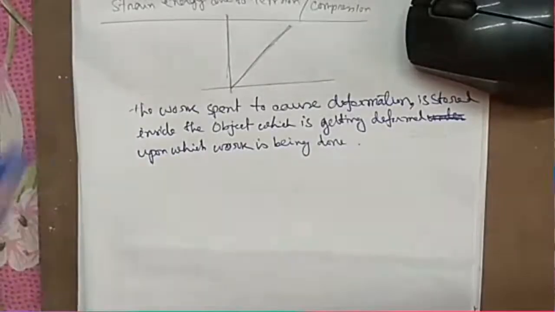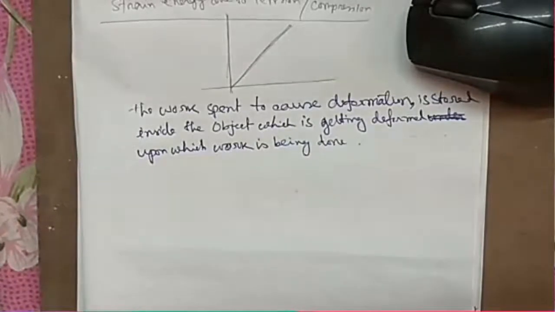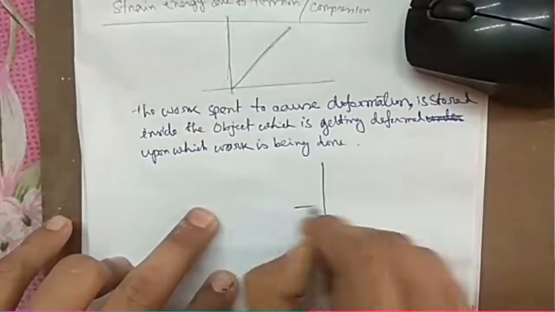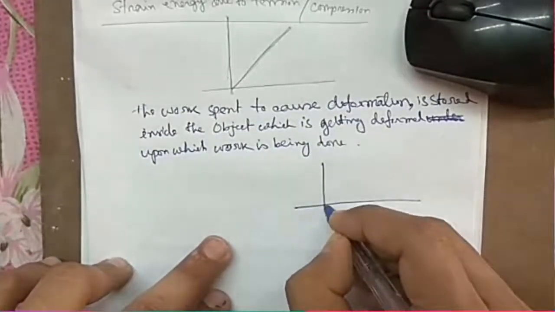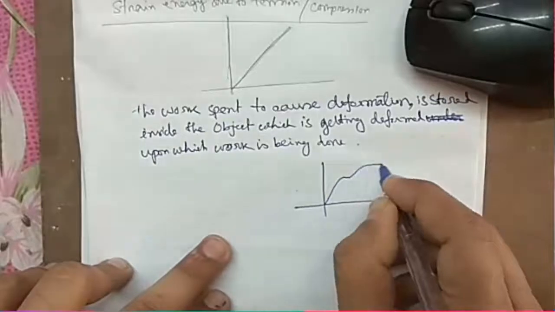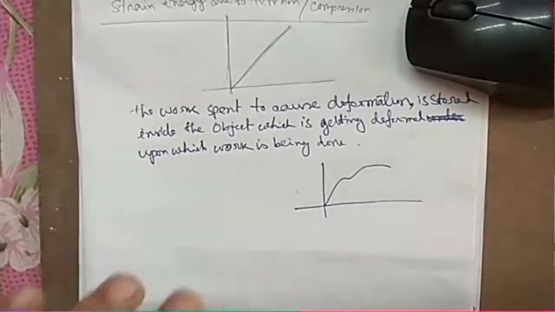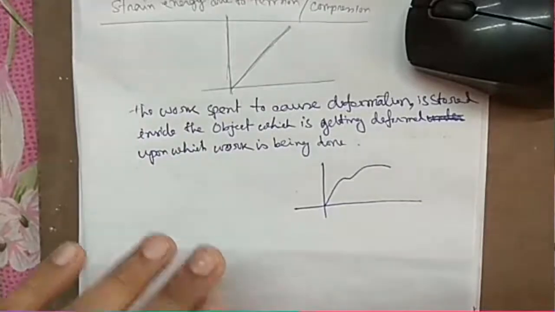So now what we are trying to say is, if we draw the stress strain curve, in the previous case we have seen it just looks like this. Okay, now when we do the work, it is getting stored.